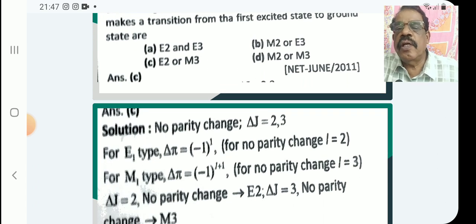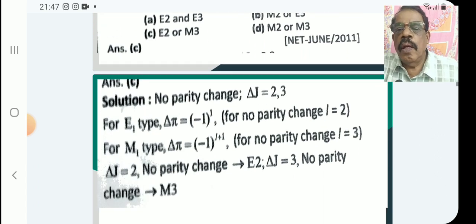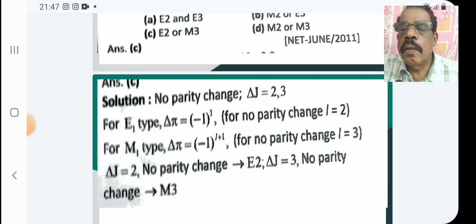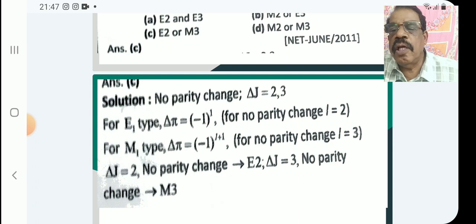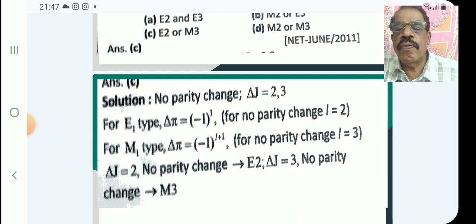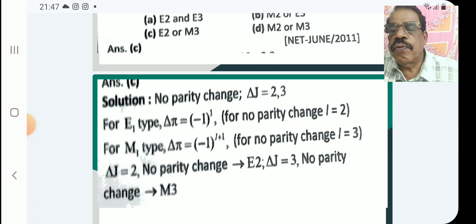The answer is C, E2 or M3. For delta J equal to 2, 3, there is no parity change. For electric type, delta pi is minus 1 raised to L. For no parity change, L is equal to 2. For magnetic type, delta pi is minus 1 raised to L plus 1.